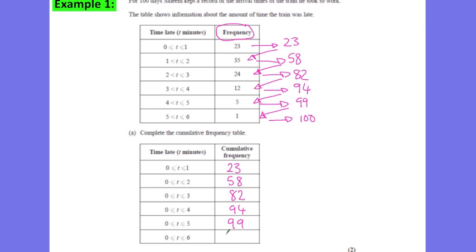So our cumulative frequencies are here. Make sure that this last number corresponds to what's quoted in the question. This question is about 100 days, keeping a record of the arrival times of trains that Salim took to work. So before we can draw the curve, we must have the cumulative frequency calculated.